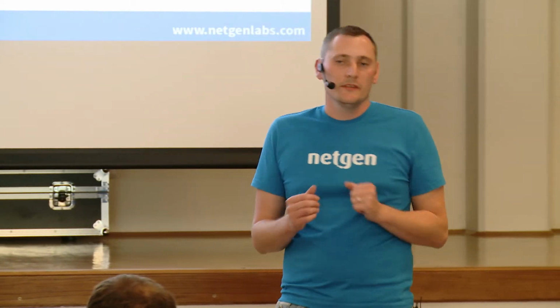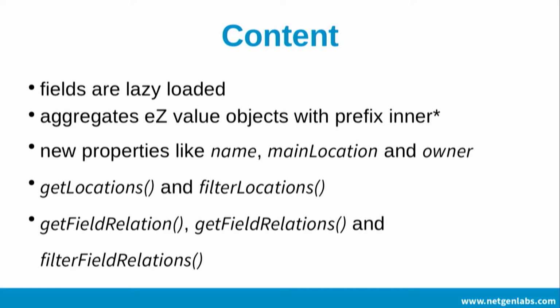So to get the relations from that field, you have to use getFieldRelations. And we also provide a method called filterFieldRelations, where you can filter those relations. So for example, if you have an article that's got, for example, related multimedia, you can put images, videos, galleries, whatever. And in templates, you can write, okay, give me just, from this field, just the images. It will work.